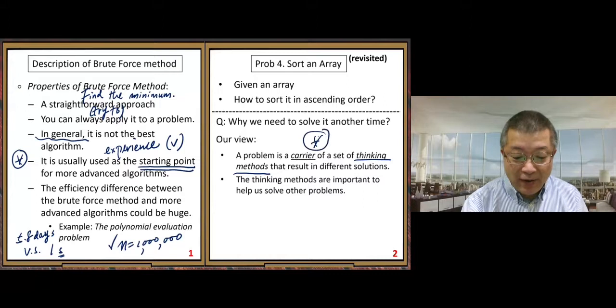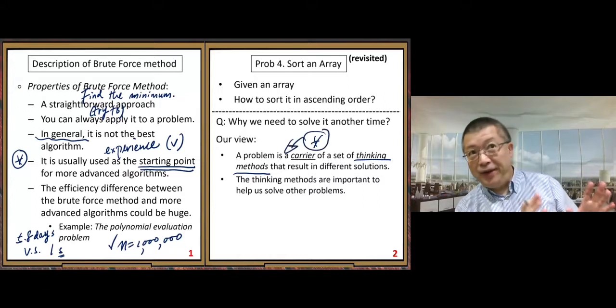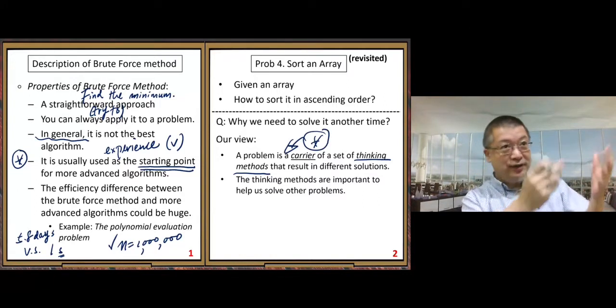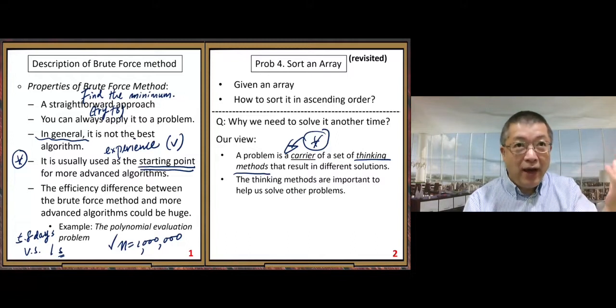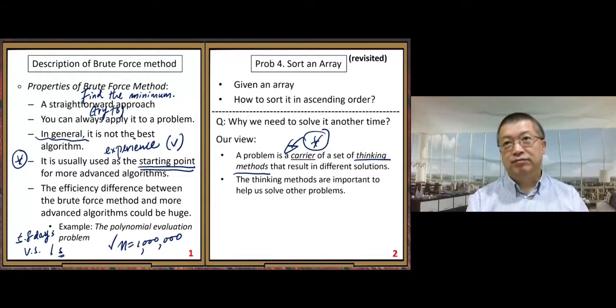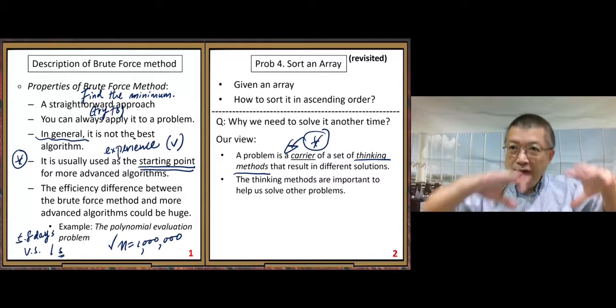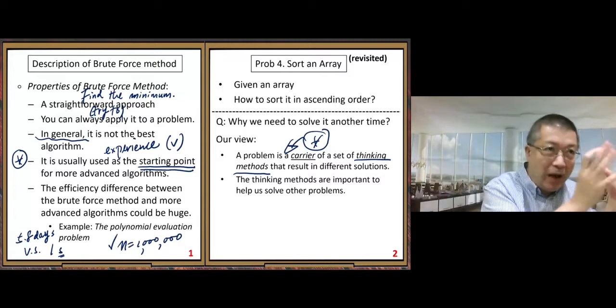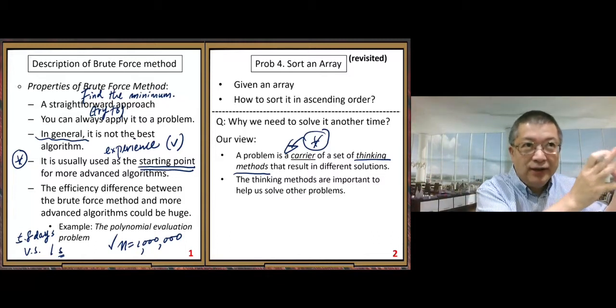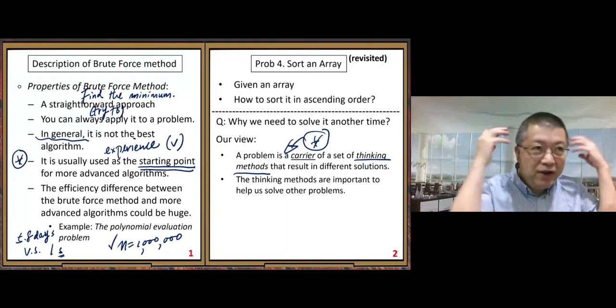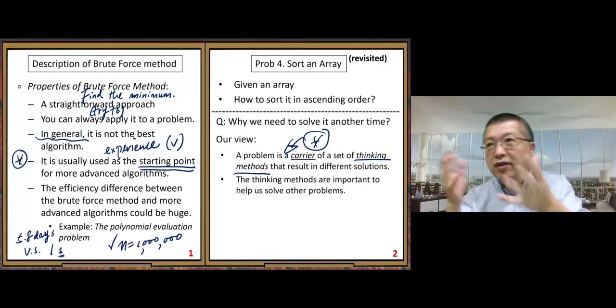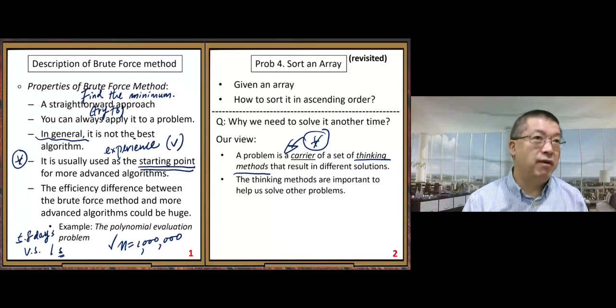Do you need some carrier to hold thinking methods? That's good. If there is a carrier, it is more convenient to put the thinking methods in some place and save them in your brain. When you need them, you can use some of them.